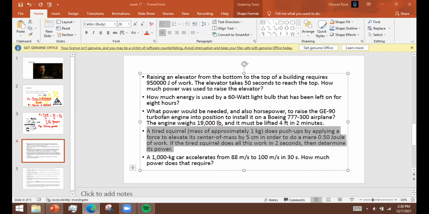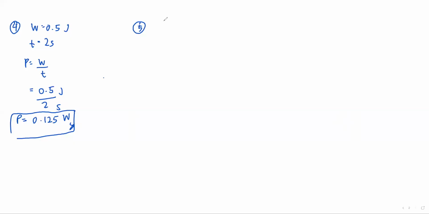Paano pagkuha ng average velocity? Na-discuss naman natin siya last midterm. So, kunin natin yung average velocity, which is equal to VI plus VF over 2. VI natin, 88. VF natin is 100. So 188 divided by 2, which is equal to 94 meters per second.